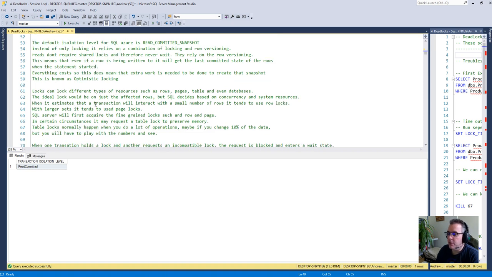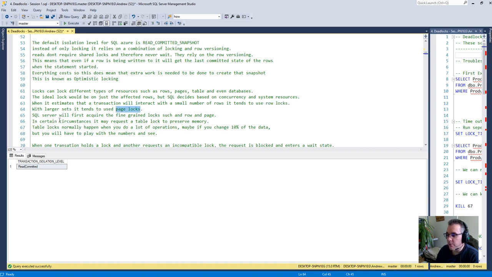Okay, so locks can lock different types of resources such as rows, pages, tables, and even databases. The ideal lock would be on just the affected rows, but SQL decides based on the concurrency and system resources. When it estimates that a transaction will interact with a small number of rows, it tends to use row locks. With a larger set, it tends to use page locks.